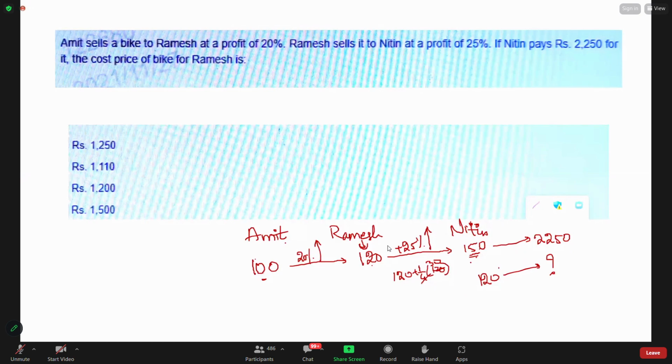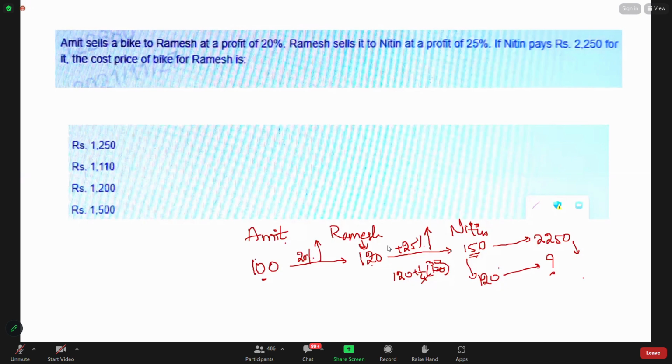You can do it in two ways again. You can reduce this by some percentage. I can reduce this by some percentage. You can do that also. And find out what is the answer here. What is the answer?